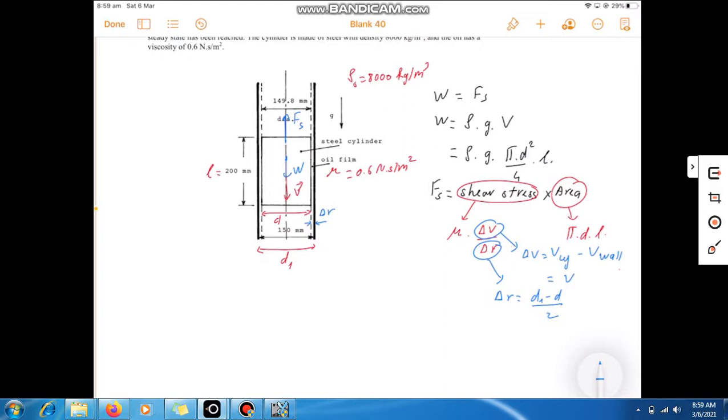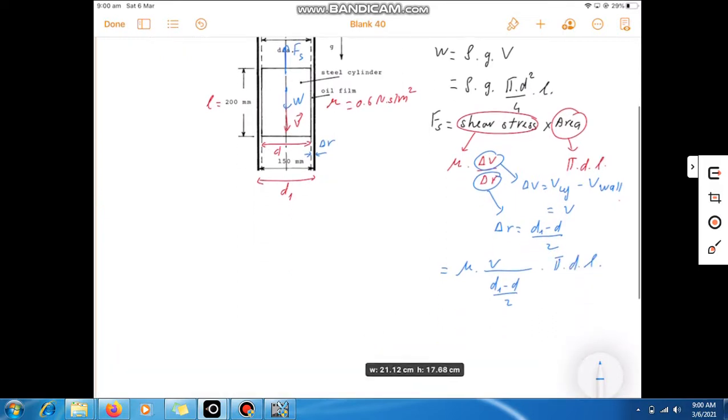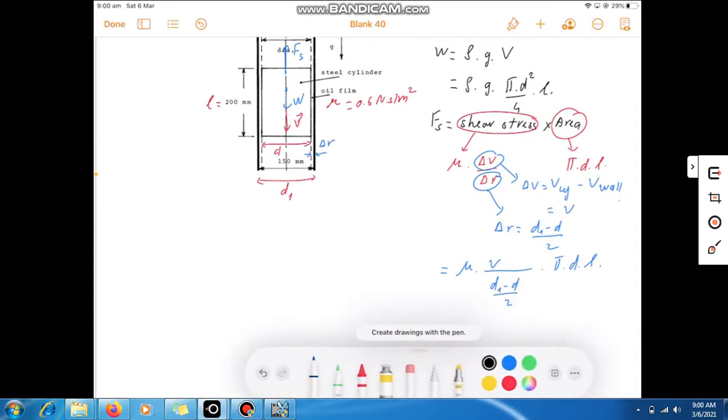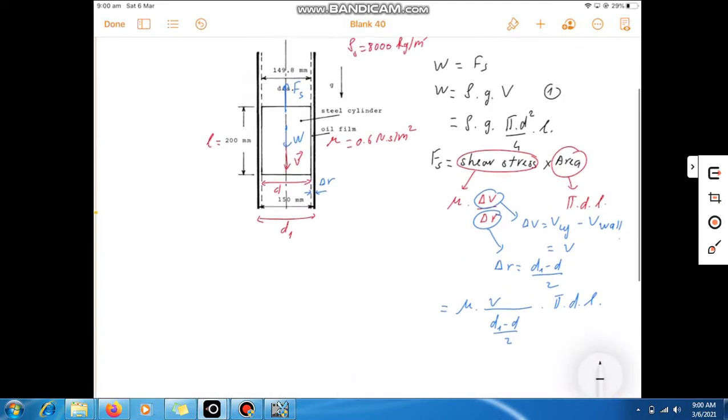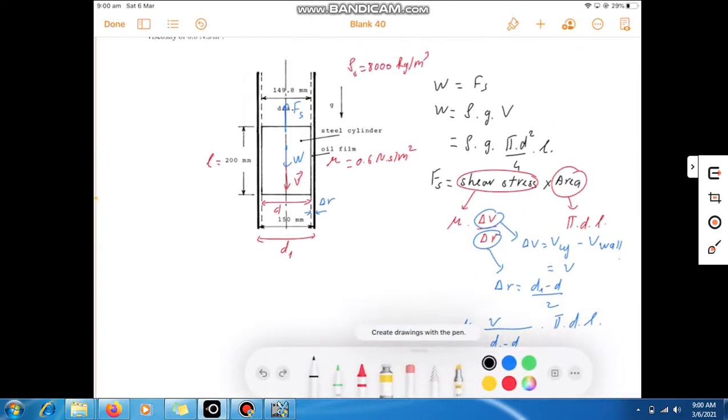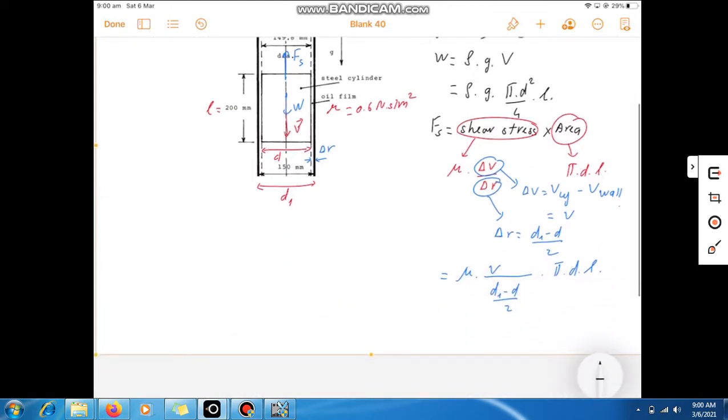So in this case, the shear force Fs will be equal to viscosity times V divided by (d1 minus d) over 2, times pi dL.